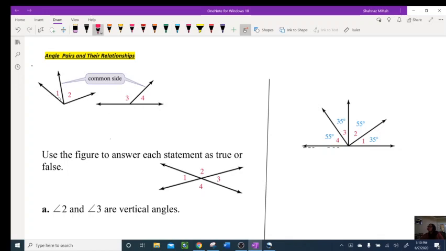If two angles, like 1, 2 and 3 and 4, are called adjacent angles, they have one common side and one common vertex.